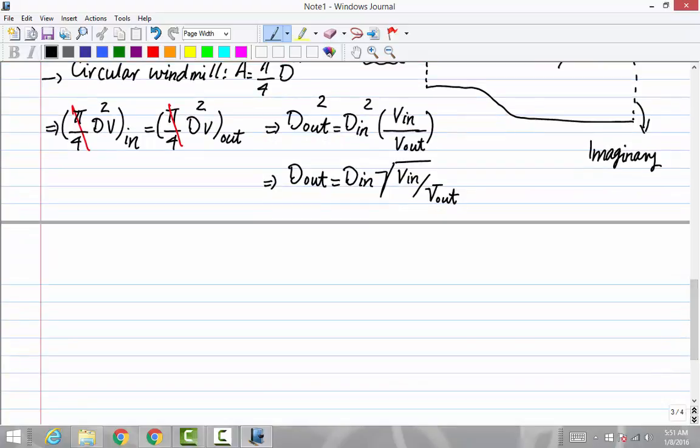So if you plug in all this information in that equation that they solved for at the very end, the outlet diameter would be 7 meter times this.